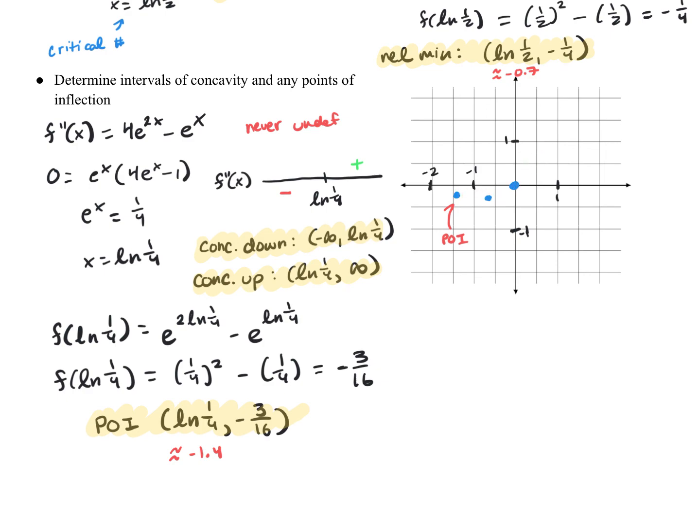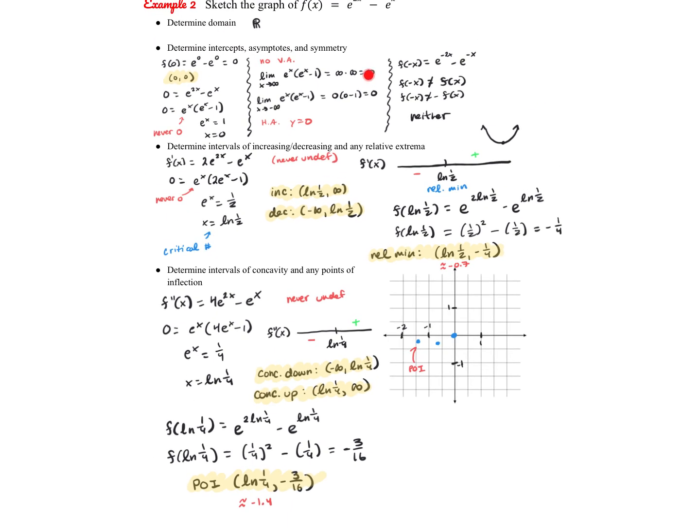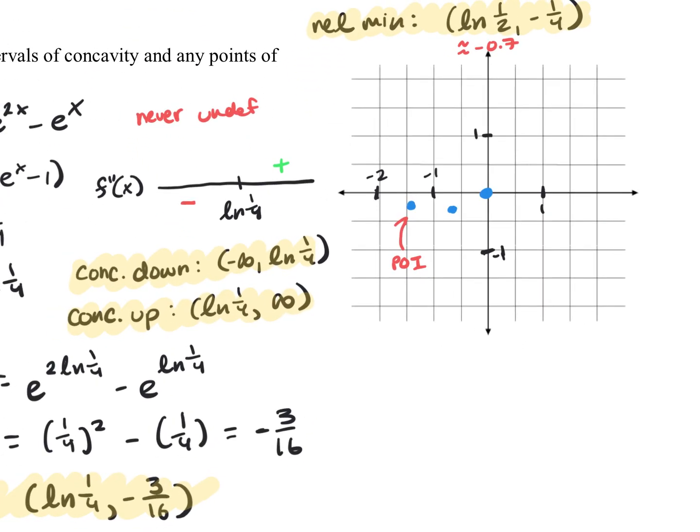So remember, for our end behavior, as x approaches positive infinity, our graph is going to increase without bound, but on the left we do have that horizontal asymptote at 0, so then we'll use that to help us make the shape of our graph. So again, that horizontal asymptote is only for on the left. And here we are concave down.